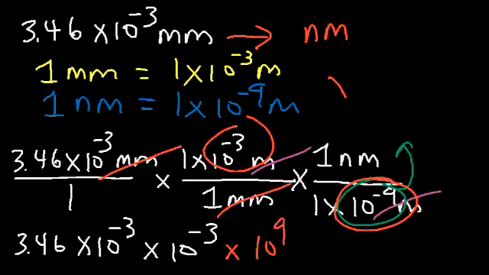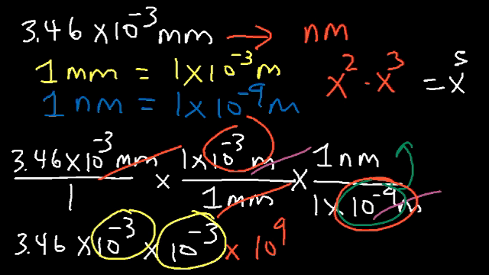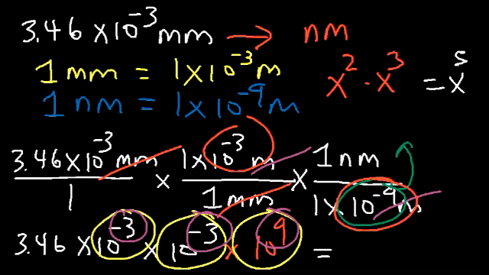For example, x squared times x cubed is equal to x to the 5th. 2 plus 3 is 5. So here, if we multiply these values, the base 10 is going to be the same, and I'm allowed to add the exponents. So negative 3 plus negative 3 plus 9. Negative 3 plus negative 3 is negative 6. Negative 6 plus 9 is positive 3. So the final answer is 3.46 times 10 to the 3 nanometers.